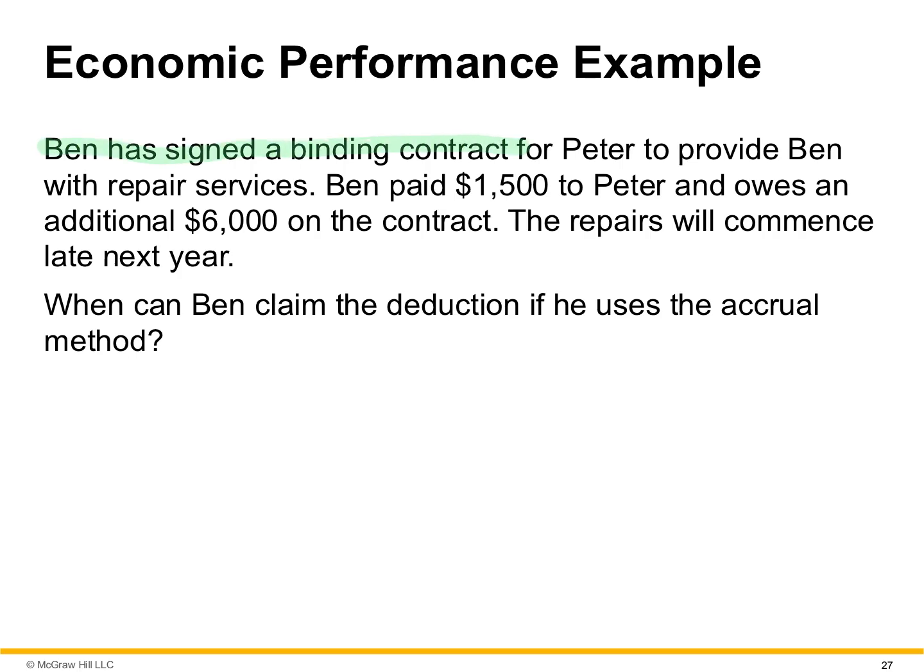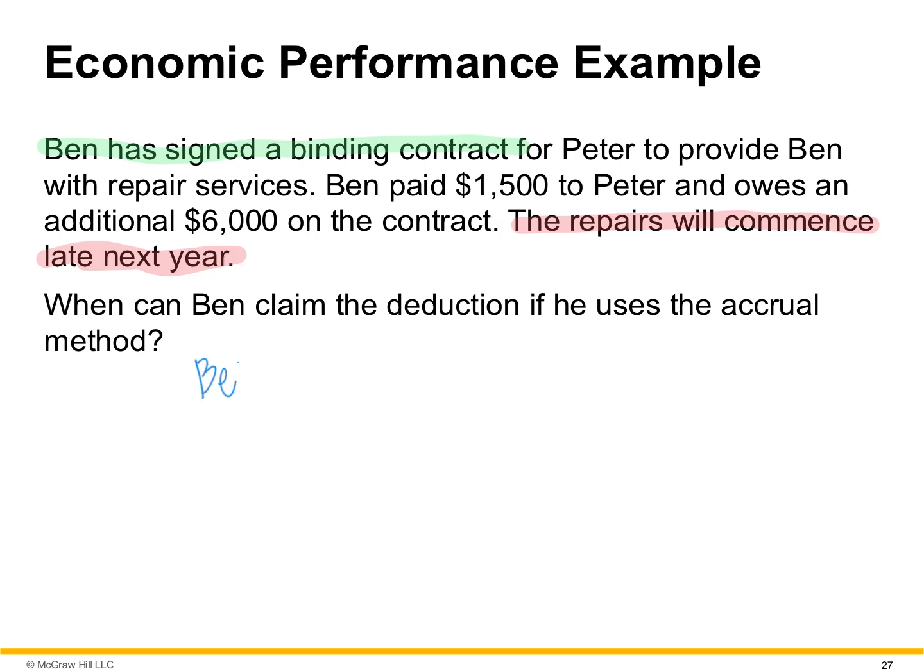So signed a contract. However, whenever we look at the economic performance test, economic performance has not been satisfied because the repairs won't start until late next year. So then, to answer our question, when can Ben claim the deduction if he uses the accrual method?